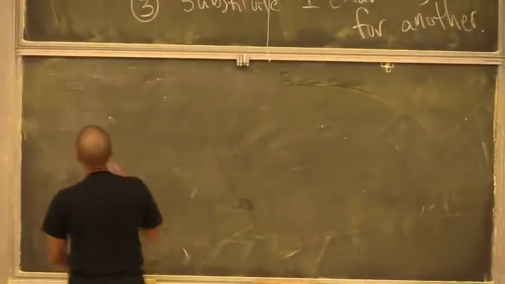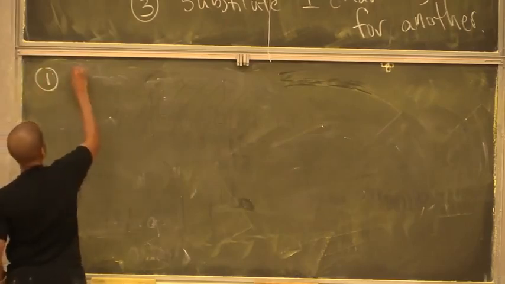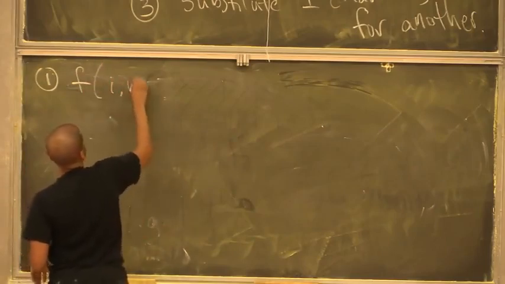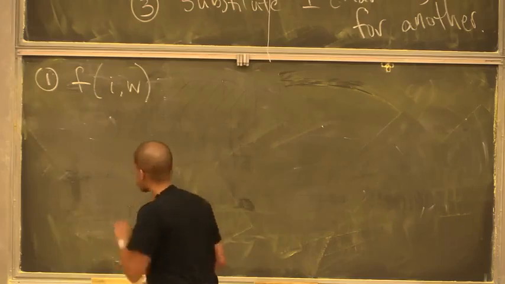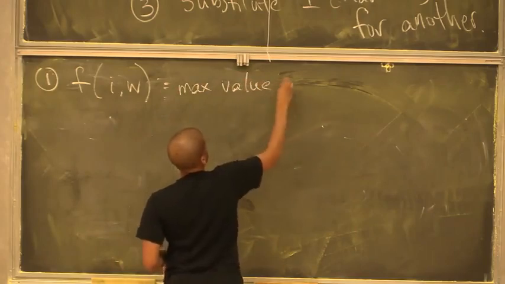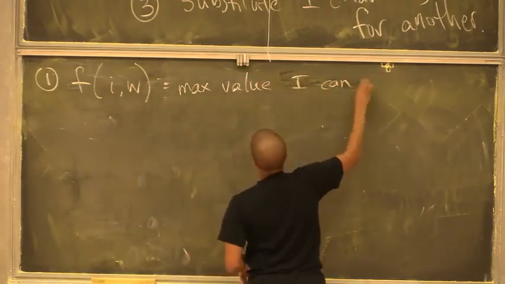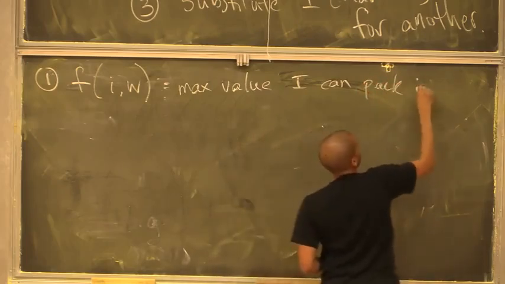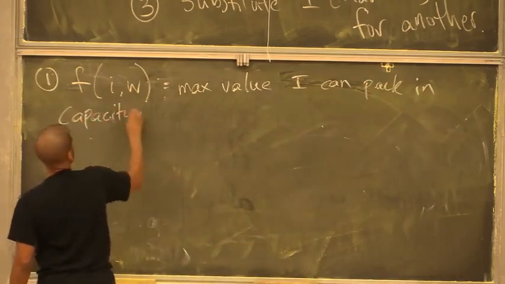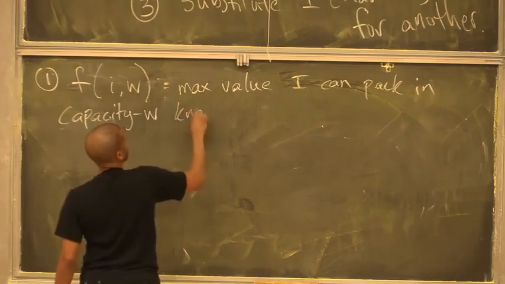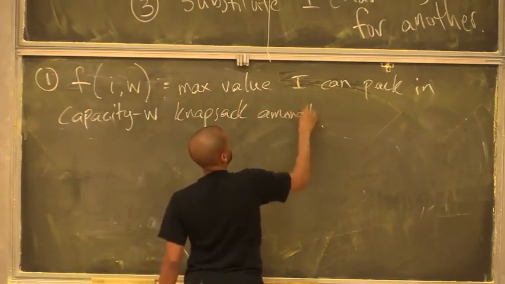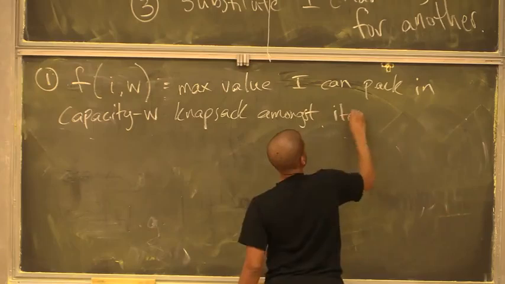So steps 1, 2, 3. Step 1 is, I'm going to define a function f of i, w, which is the max value I can pack in a capacity W knapsack amongst items i onward.